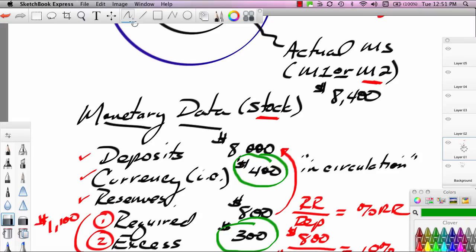But let's just know that it's because of these two factors, currency in circulation and excess reserves in the banking system, that the inside circle is inside the outside circle. Look, if there were no currency in circulation and there were no excess reserves, we'd only have one calculation, and that would be the potential money supply.